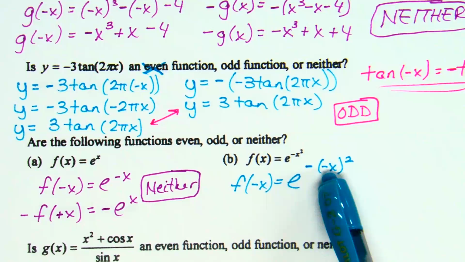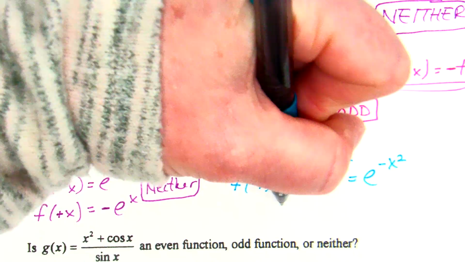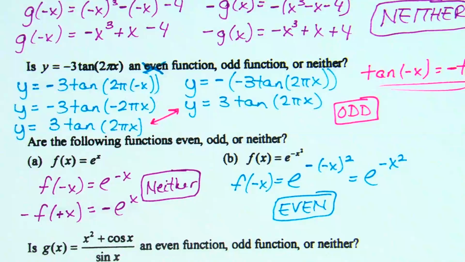Just negative. Yeah, because if we square the negative x, that becomes positive x squared, right? And then what do we already have out there? A negative. So this becomes negative x, e to the negative x squared, which means it is the same, so even. And again, check these out on the calculator if you feel the need. That can help you there.